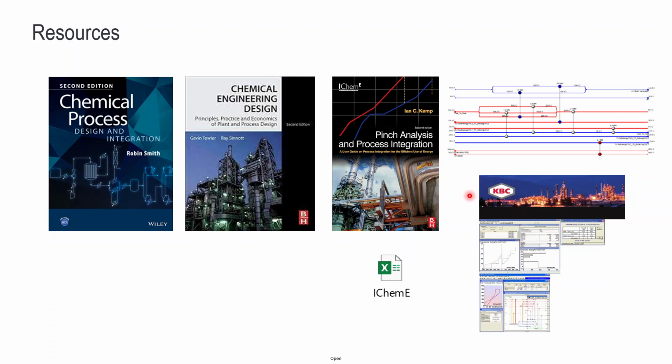People from the University of Manchester, from the group of Robin Smith, and IChemE, I think they spun off a company, Linnhoff March was the name of the company, and they are now owned by KBC. So they have a nicer version of a heat exchanger network tool.